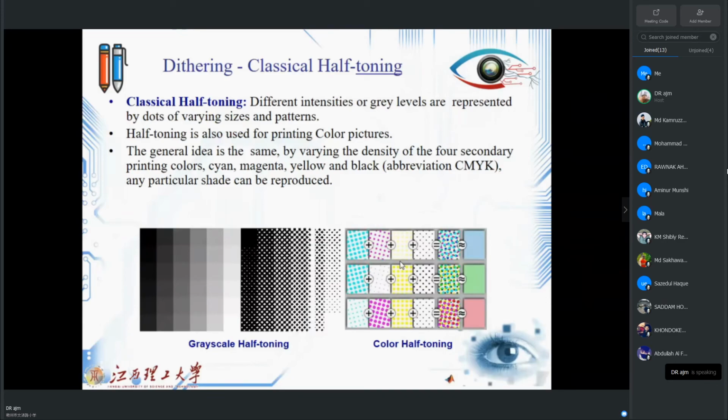Maybe you see this word in Photoshop when you work with CMYK. This is exactly the method for dithering, where they try to turn the black or gray color into the colored one. Any particular shade can be reproduced with this method. You will see gray halftoning and color halftoning, which I show here. And now you have some color at the end of the box that you see.